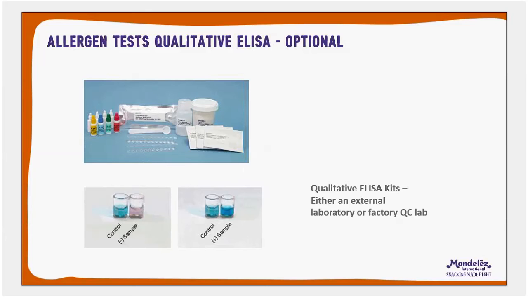So in the picture on the left, you've got a blue sample for the colour, and you have a pale pink for the actual sample, which is lighter in colour, and therefore that result is negative when compared to the control. And the picture on the right-hand sample is darker than the control, and therefore there is more allergen present than the standard control, positive control that came with the testing kit. So you get a yes or no answer comparing to the positive control.